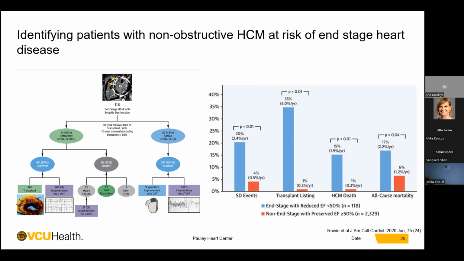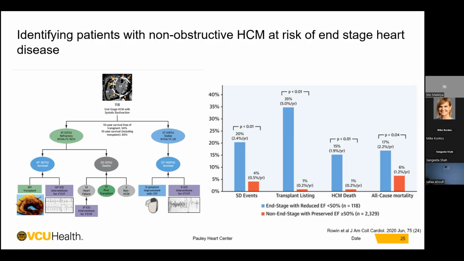In such patients, ICD should be considered for primary prevention. Also, heart transplantation evaluation should be considered, starting the ball rolling early, as it will help with their symptom control, and overall it has a mortality benefit.